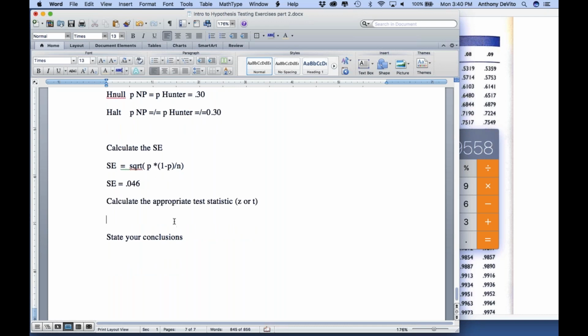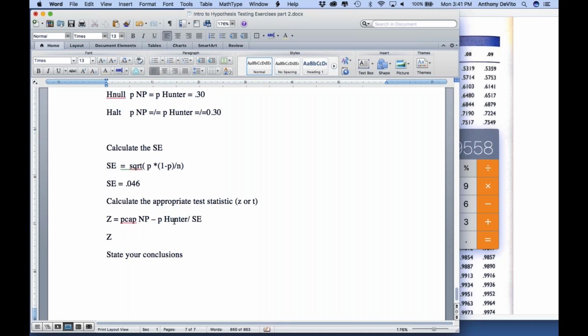Okay, so what is the z-score here? Because it's a large sample size, we're going to use z. The z-score is equal to the difference between p cap for New Paltz minus p for Hunter, that true proportion, divided by the standard error.